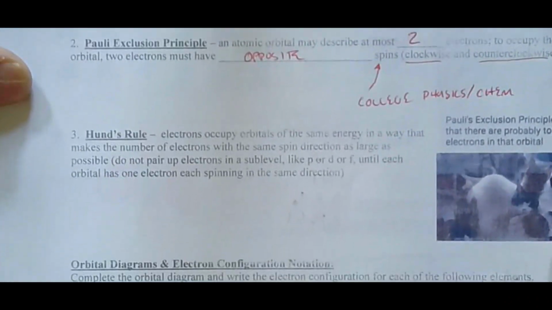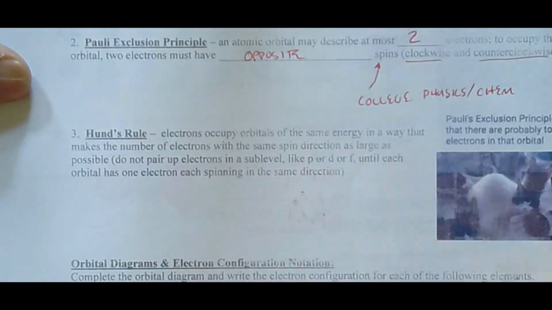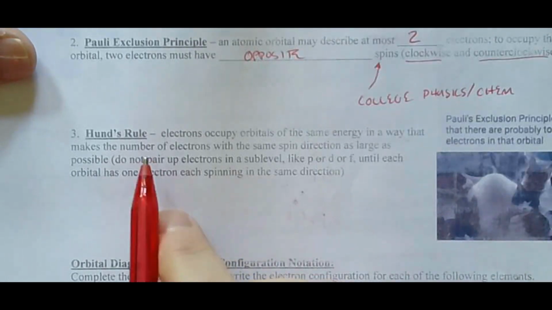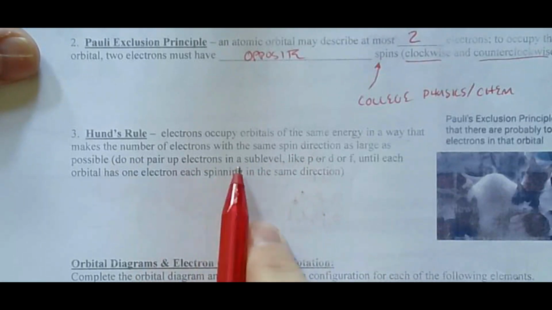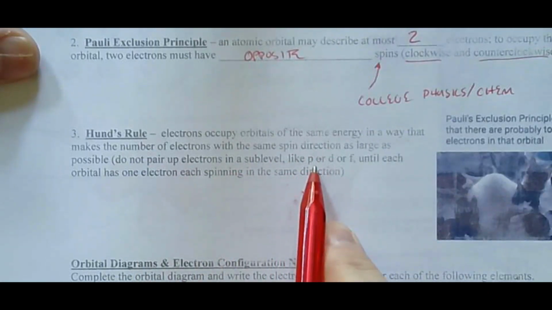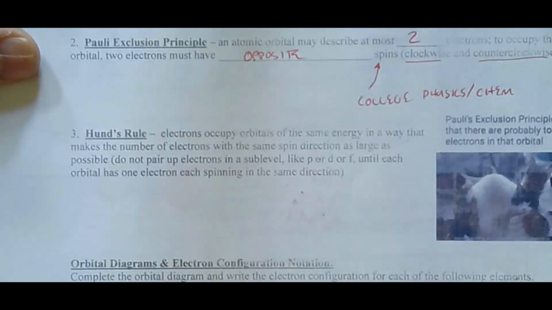And the last one is Hund's rule, saying that electrons will not pair up in a sublevel that has more than one orbital until every orbital has at least 1 electron.